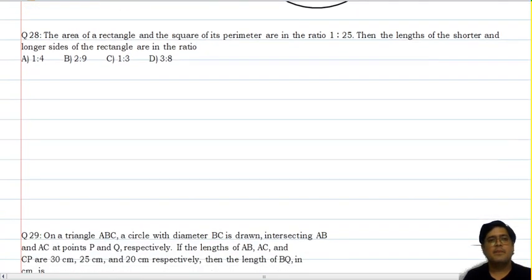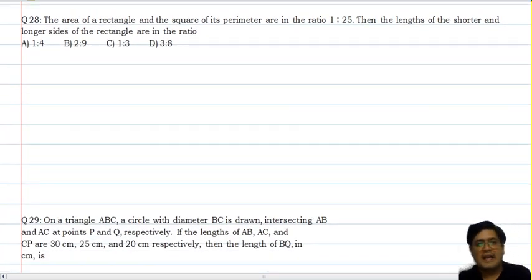What does it say? Area of a rectangle and the square of its perimeter are in the ratio of 1 ratio 25. Then lengths of the shorter and longer side of the rectangle are in the ratio?